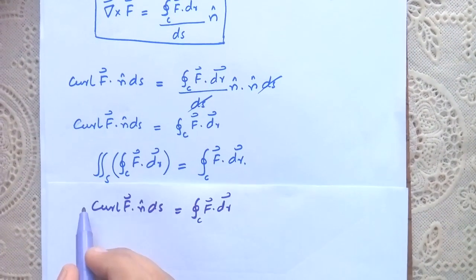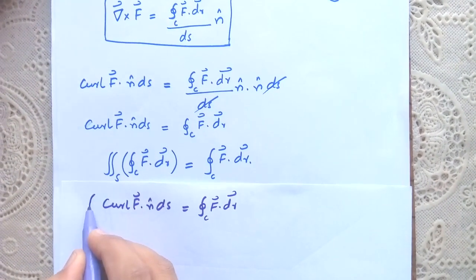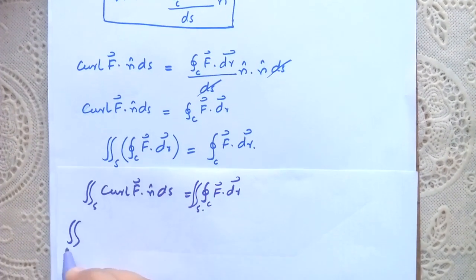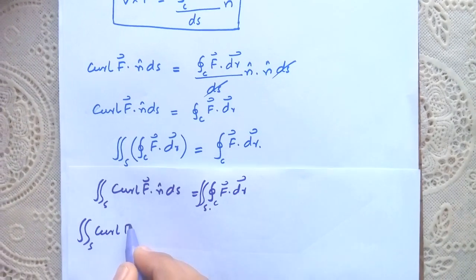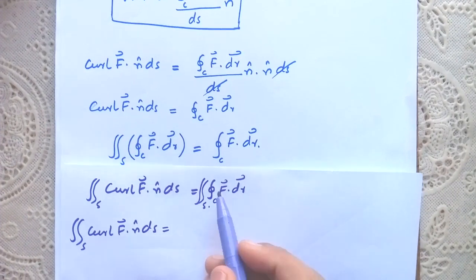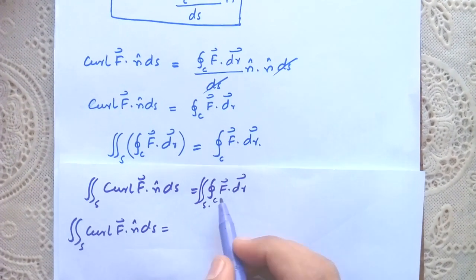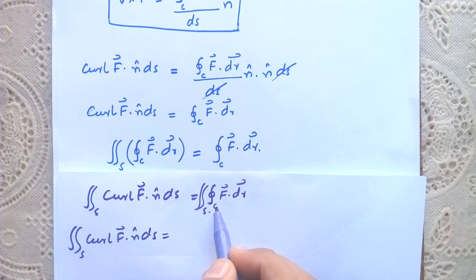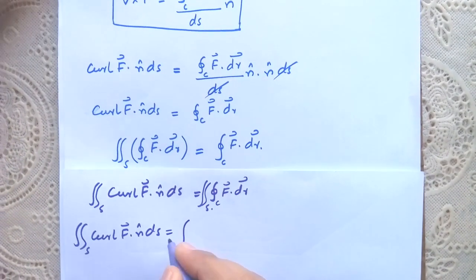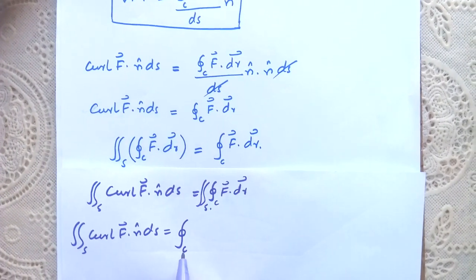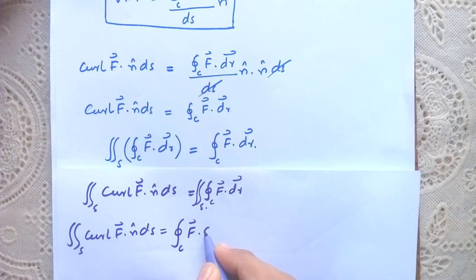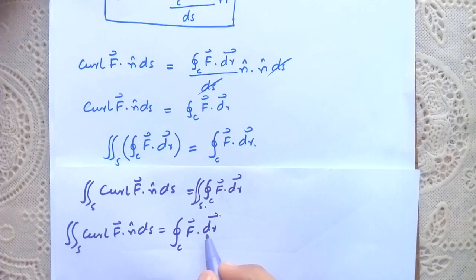Now अगर both side surface integral evaluate करें, surface integral, so surface integral of a curl of F dot n cap dS is equal to, now surface integral of a line integral at a point over the curve around that point is equal to the line integral over the curve where curve C is the boundary of the surface S of a vector field F dot dr. We have proved it, right?